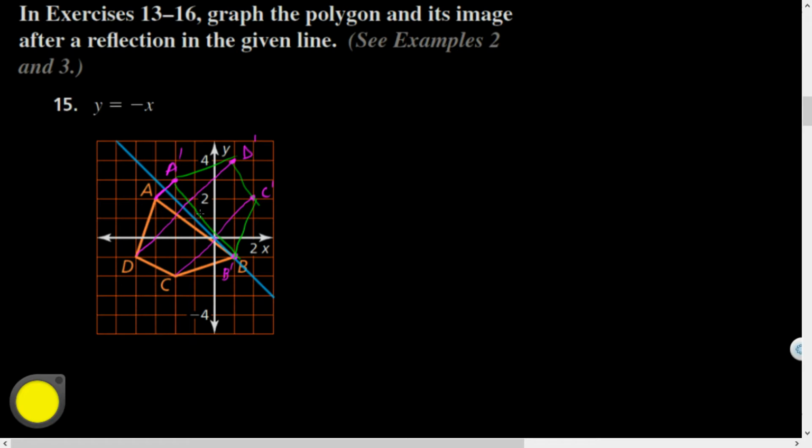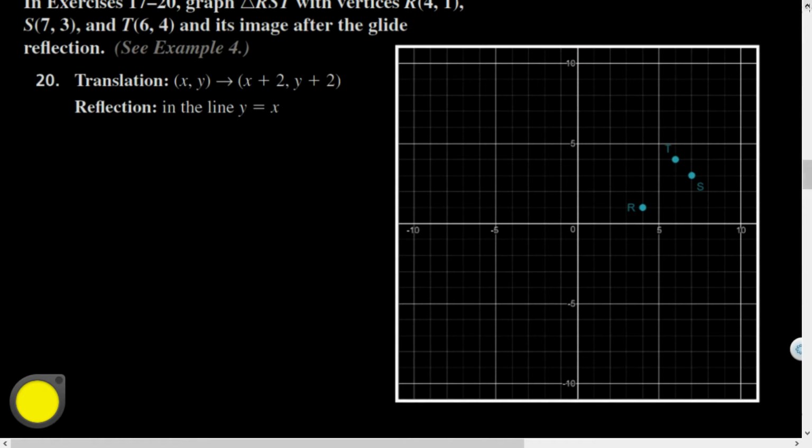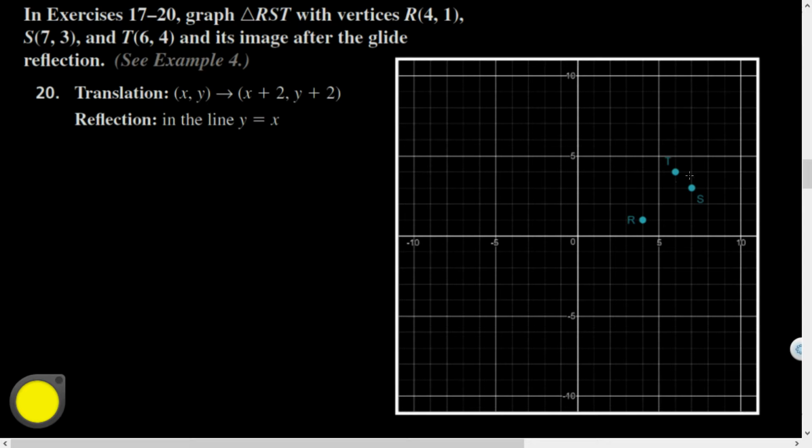But since this was given as a graph, I think the idea of working perpendicular and equidistant is the easier way. That's the idea: the image and the pre-image are equidistant and perpendicular to the line. You guys are welcome that I pre-graphed the pre-image for you.